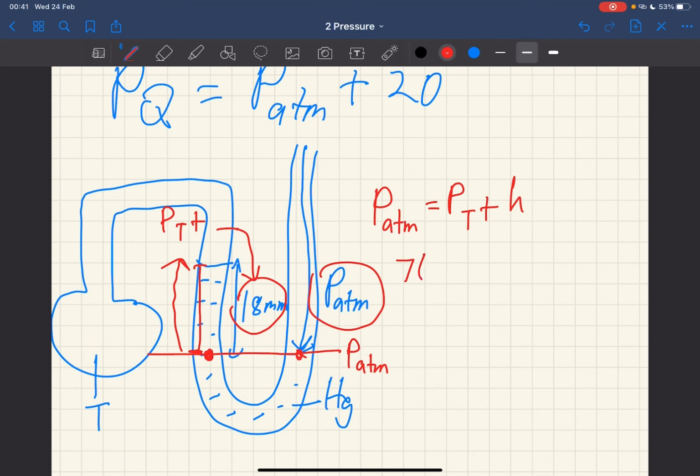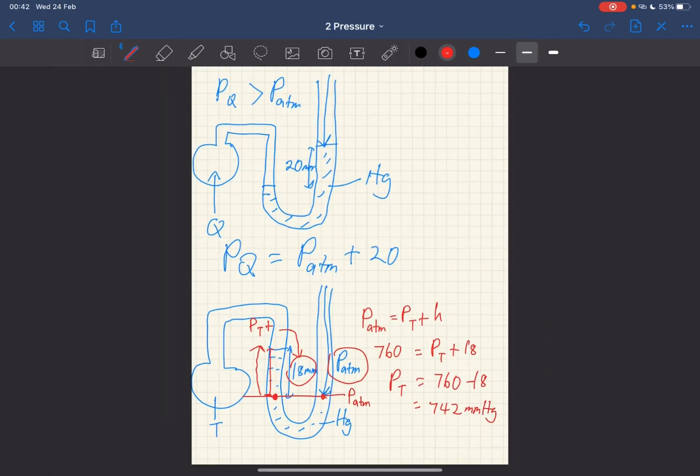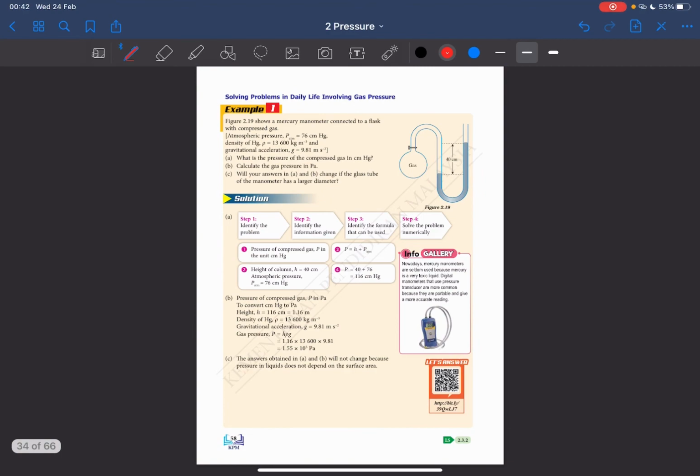So PATM is 760 equals to pressure of gas T plus height. Height is 18. So pressure of gas T equals to 760 minus 18. You get 742 mmHg. Is it clear? I think it is. Okay, let's see the next example.